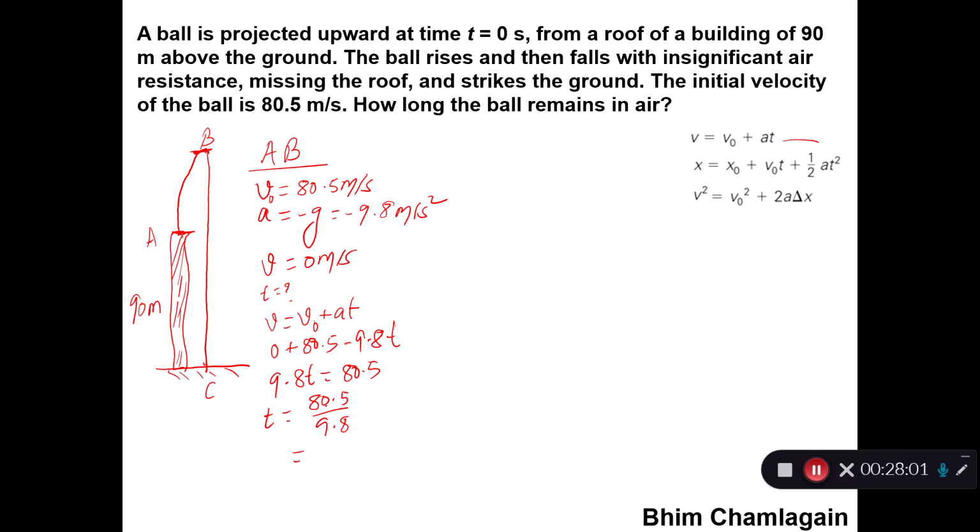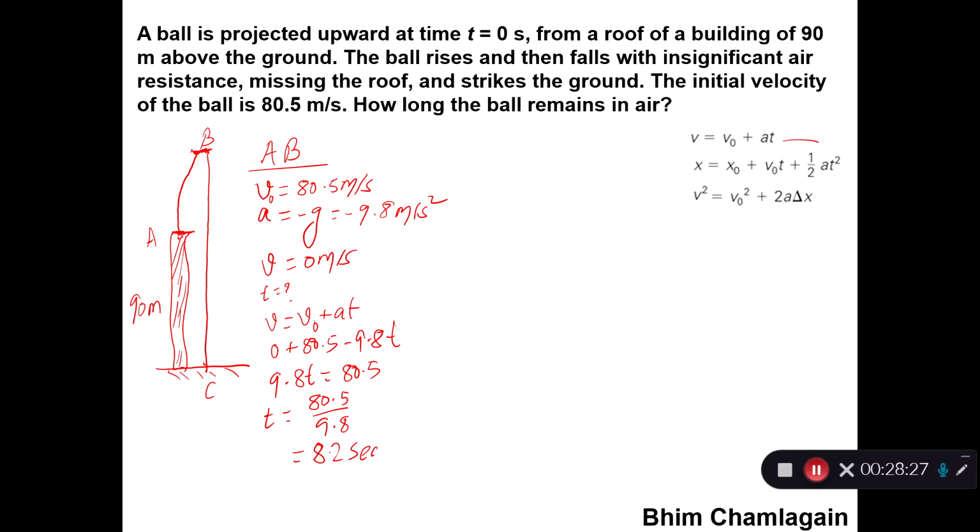On the calculator I got 8.2 seconds. I just wrote SEC so you don't confuse it with 5. So to go from A to B, it will take 8.2 seconds.